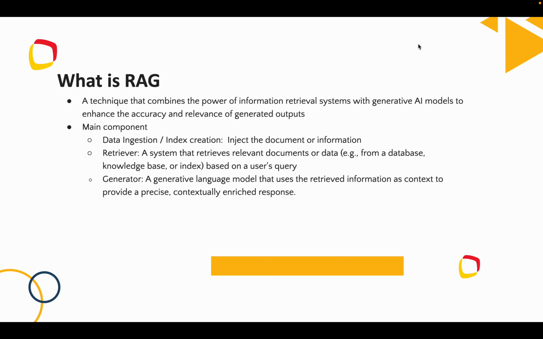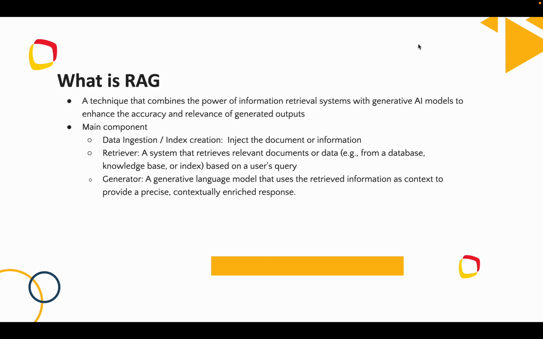Once the data is saved into a storage, we will have thousands of documents there, right? So when I ask a question, we need to retrieve a specific document with respect to my question. Say I have a financial document, an HR document, and a leave policy document, right?